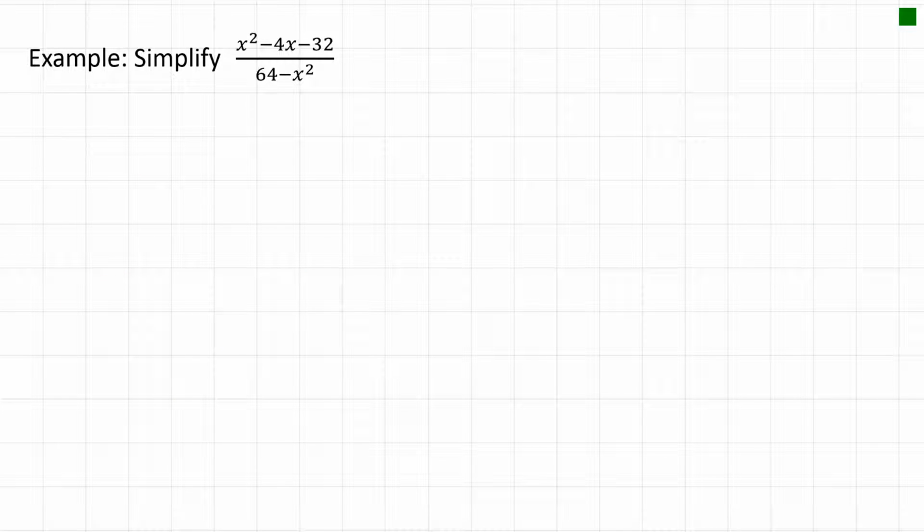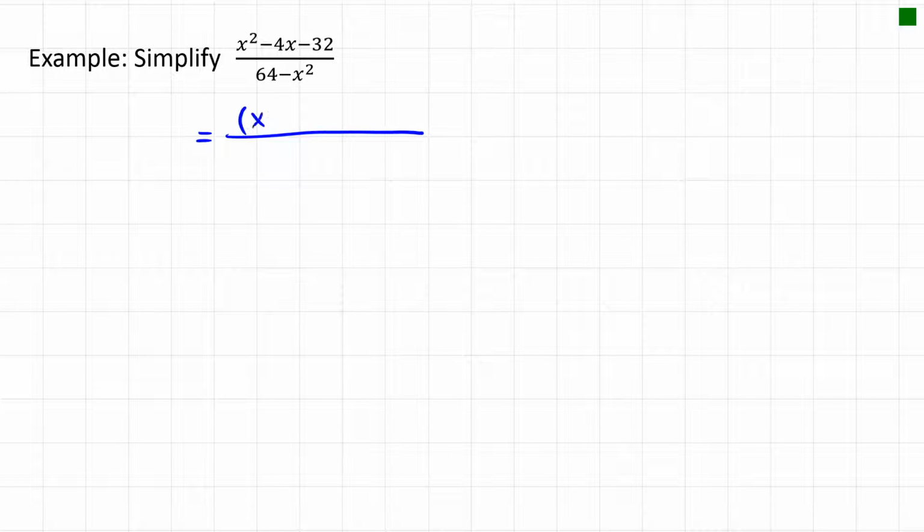In this last example, I'm going to skip the non-permissible value step just for time's sake, because you've seen a few examples of that now. And what I want to do is I just want to show you what would happen when we try to simplify this rational expression. So we're going to start by factoring the numerator and factoring the denominator. So in the numerator, we're looking for two numbers that multiply to negative 32, add to negative 4.